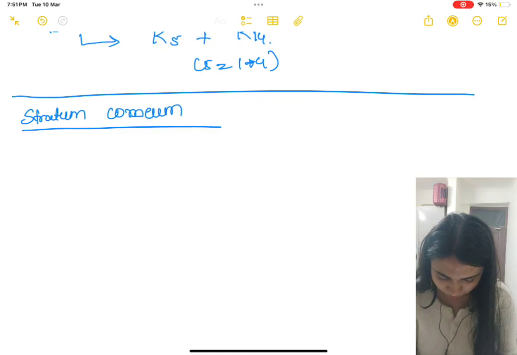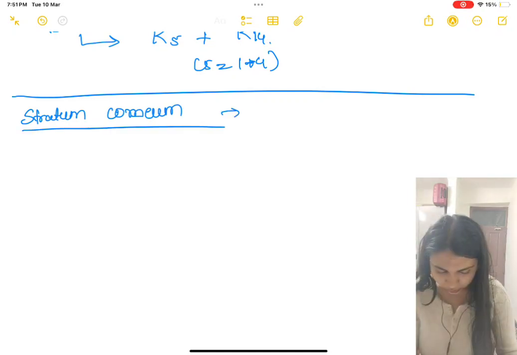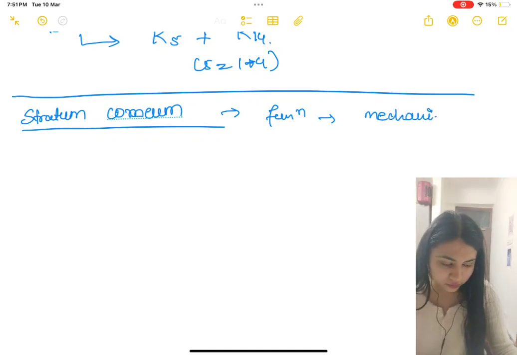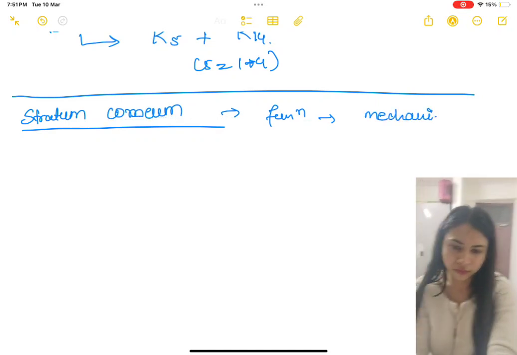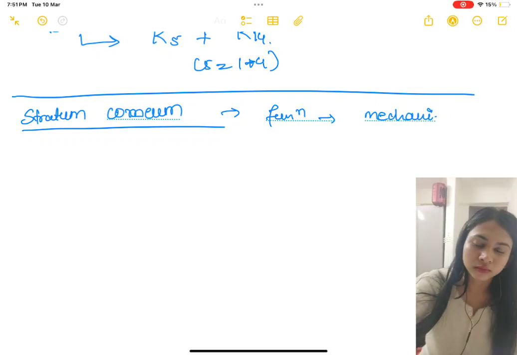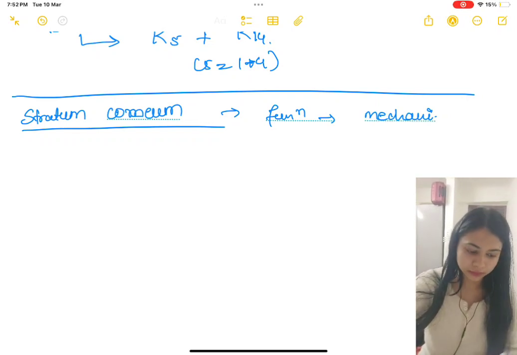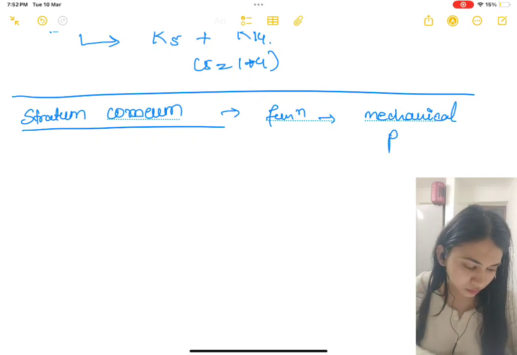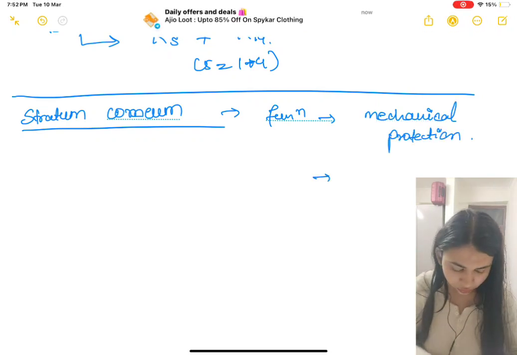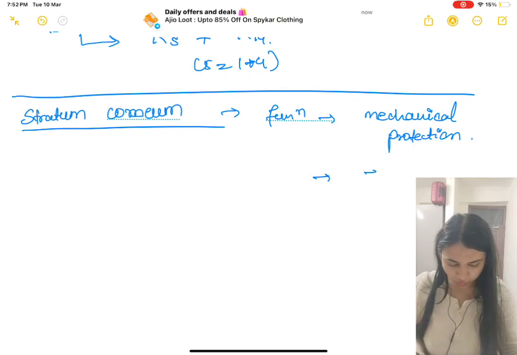Stratum corneum is the outermost layer of the epidermis. What is its function? It will provide mechanical protection. Also it will prevent water loss, so it is a barrier to water loss.